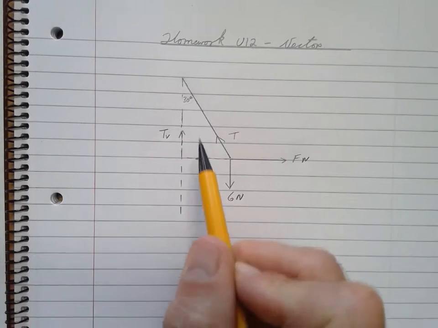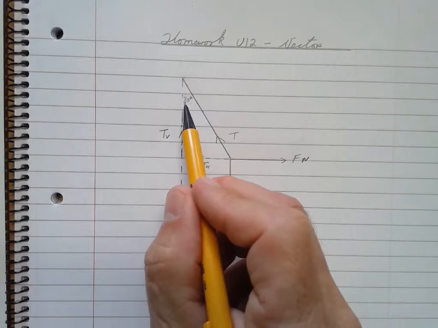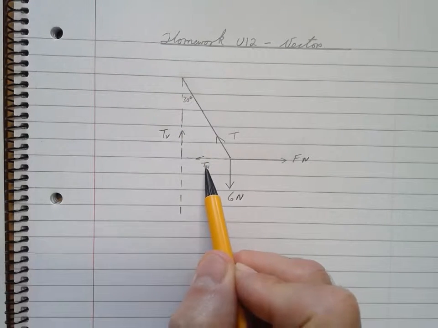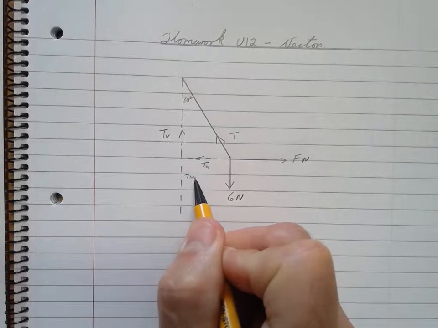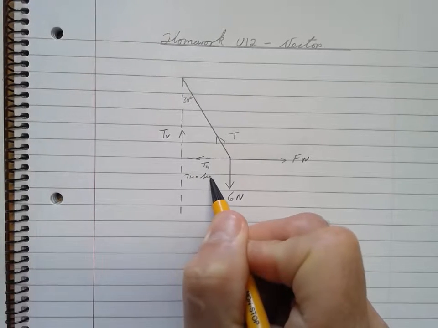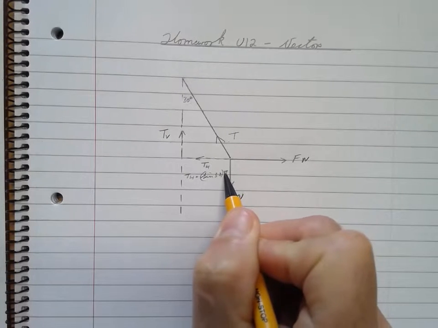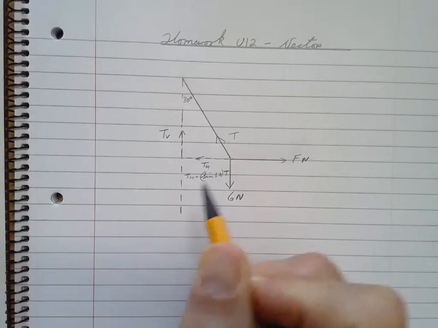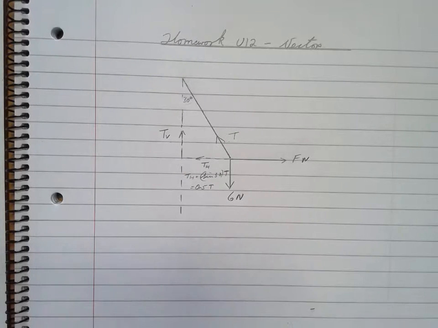So this is opposite the 30, so it's sine, and the sine of 30 is equal to the opposite, TH, divided by T. So TH is equal to sine of 30 times T, and the sine of 30 is a half, so this is just equal to 0.5 times T.